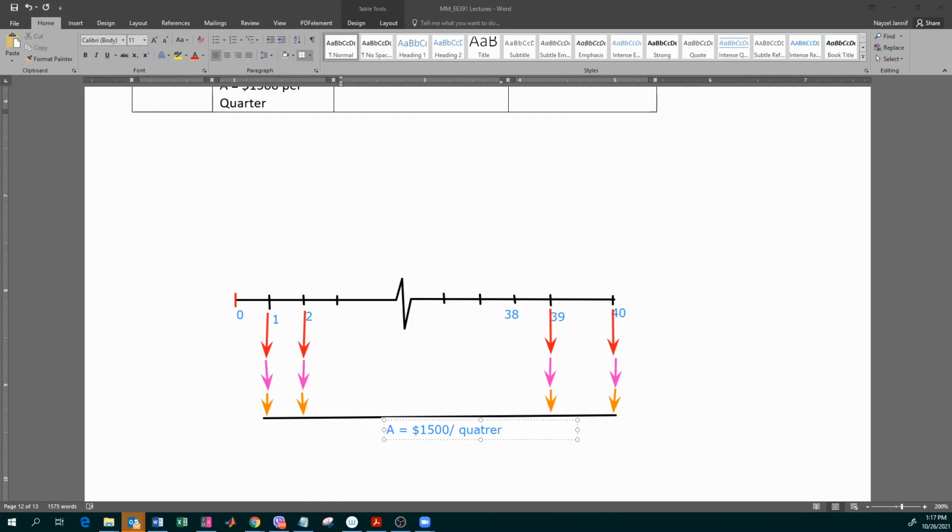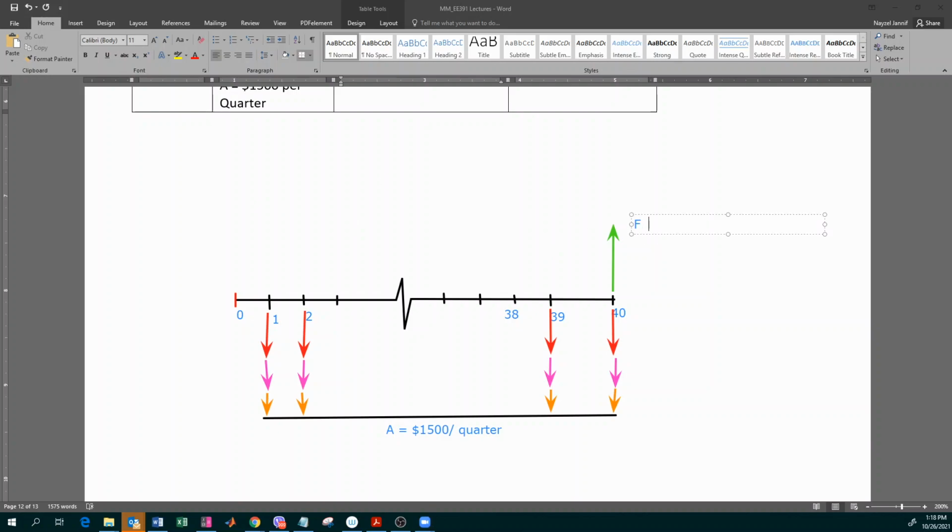Okay, 1500 per quarter. All right, now the objective is that we would like to find our final value, our future value.